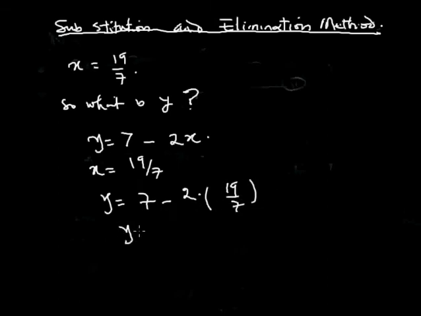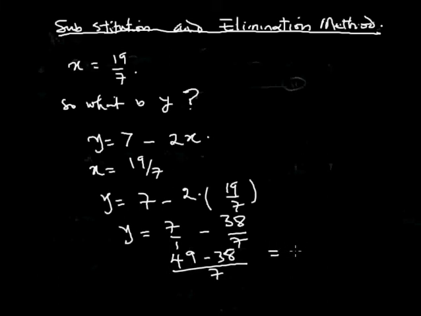Then this means 7 over 1 minus 38 over 7. Then we take the LCM of this, which is 7, which is going to give us 49 minus 38 over 7. And this means we are going to have 11 over 7 as the value of y.